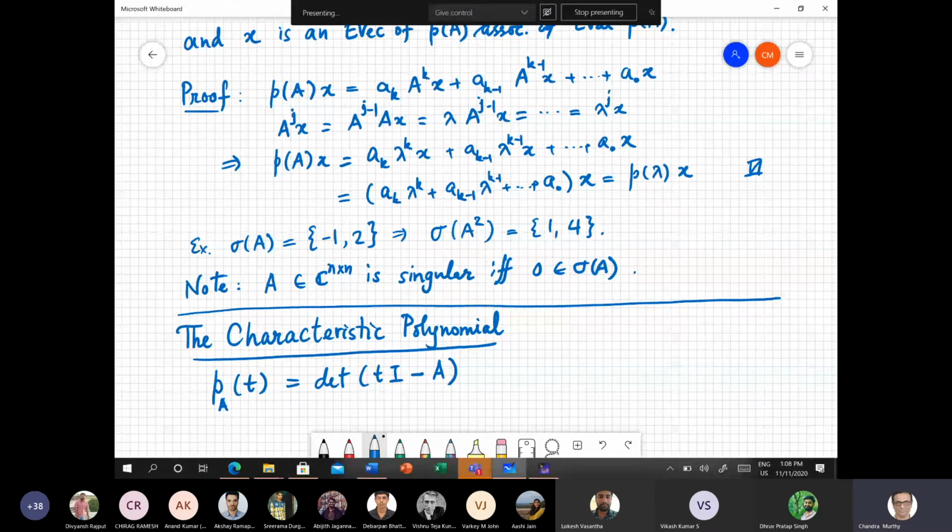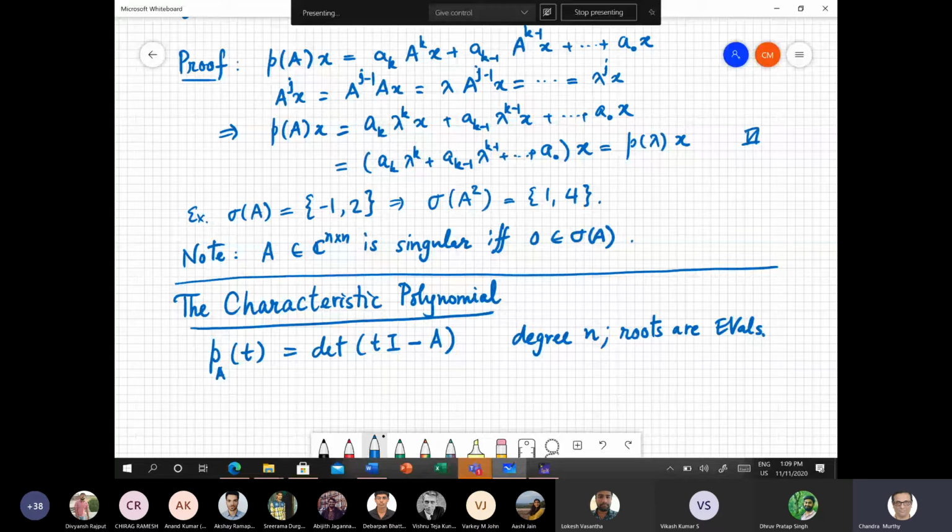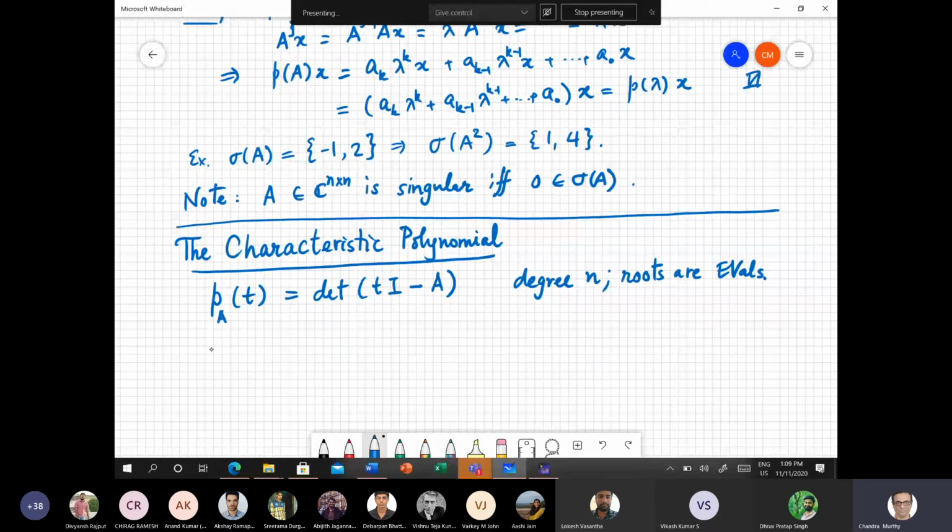This is a polynomial of degree n, and its roots are the eigenvalues. So why is this a polynomial of degree n? Let me just write it for the 2 cross 2 case so that you see what happens. This matrix will look like t minus a11, minus a12, minus a21, and t minus a22.